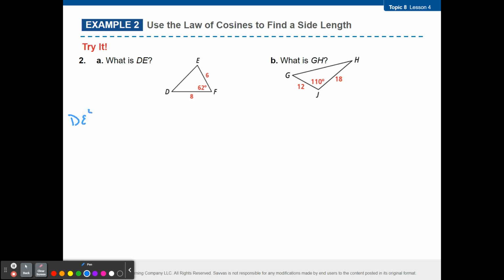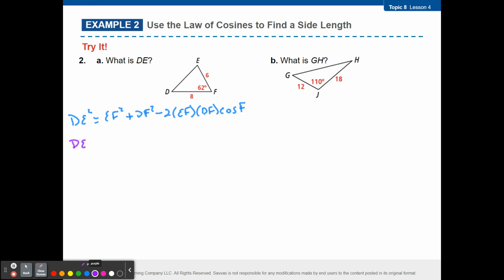So DE squared equals EF squared plus DF squared minus 2 times EF times DF times the cosine of angle F. From here, I substitute in.